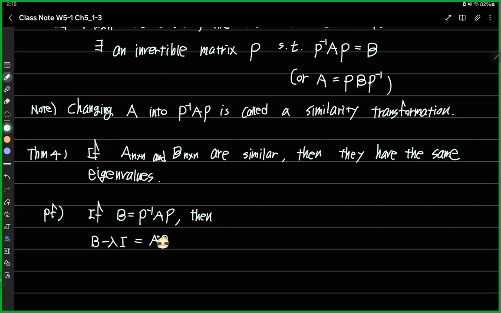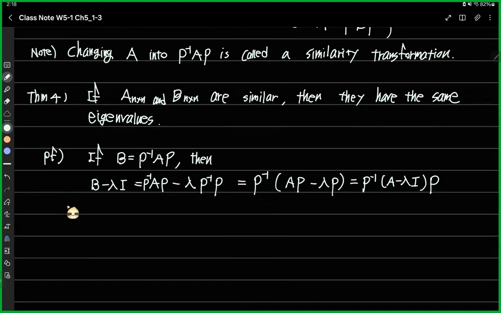P inverse A P minus lambda, and we can express I as P inverse times P. Now P inverse is a common factor, so factoring out we get P inverse times AP minus lambda P. And P is also a common factor, so we can factor it out to the right, because P is a right multiplication. So P inverse times A minus lambda I, and then P.